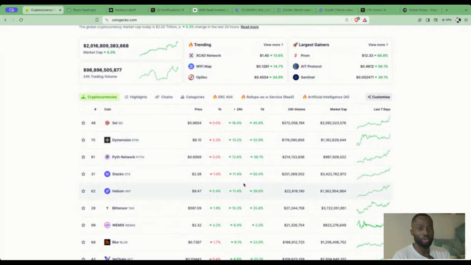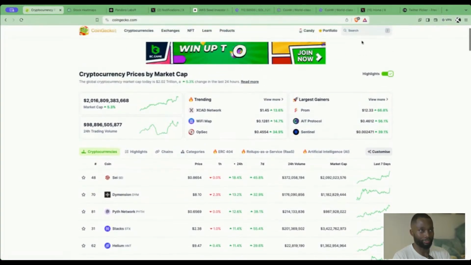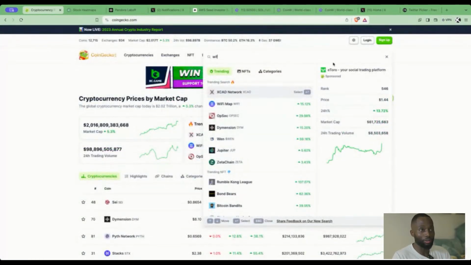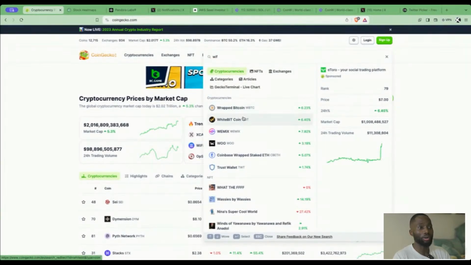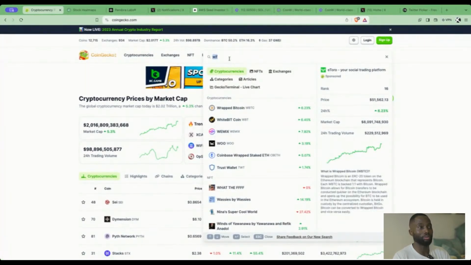And I do deserve a Valentine's flower from you guys. I helped so many of you make money with all my calls. But the most important one is whiff. I've been telling you guys, whiff to the moon. This small little dog is going to go to $1 very soon. And a lot of you guys faded.